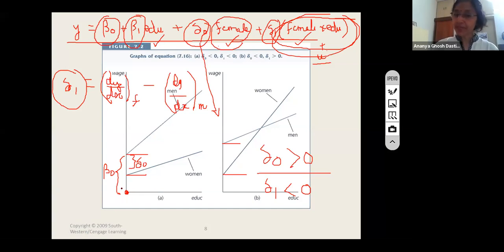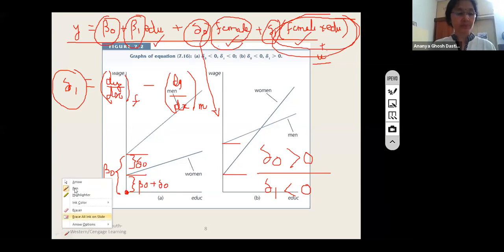So the female intercept is this bit, and this is the male intercept. So the female intercept is beta naught plus delta naught. Clearly, delta naught is negative. Oh, sorry. So delta naught is negative. Okay.